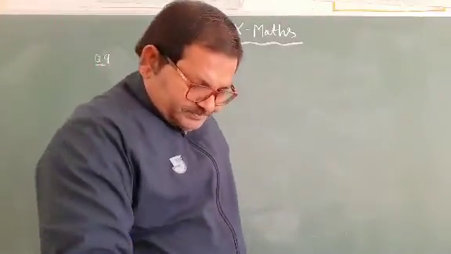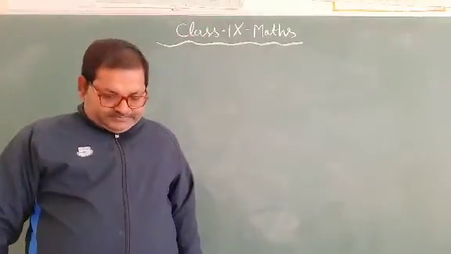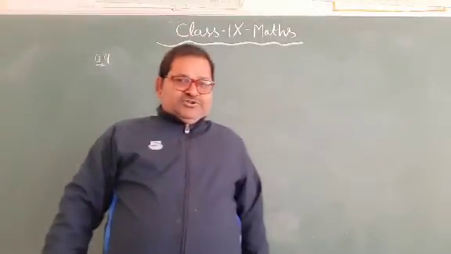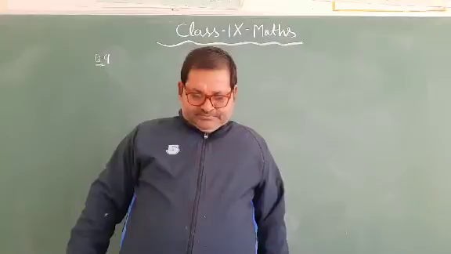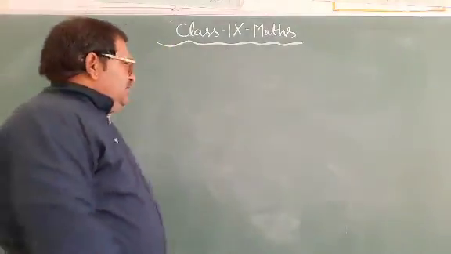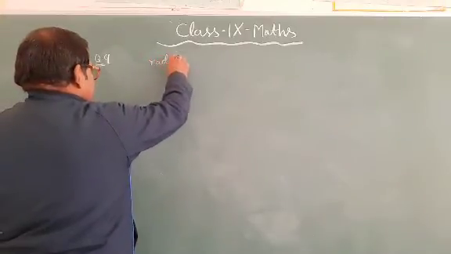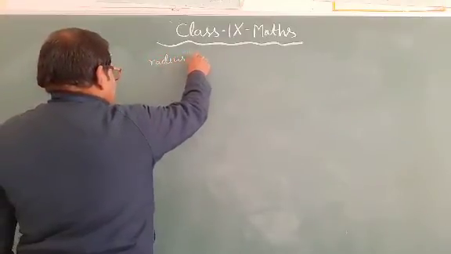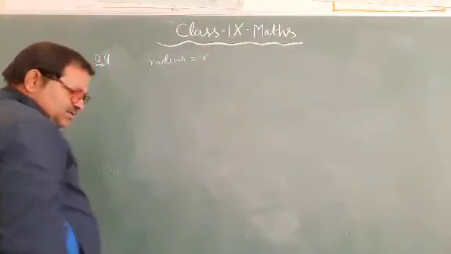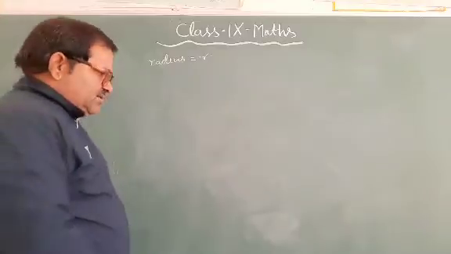Now a right circular cylinder just encloses the sphere of radius r. Radius equal to r, and find the surface area of the sphere.